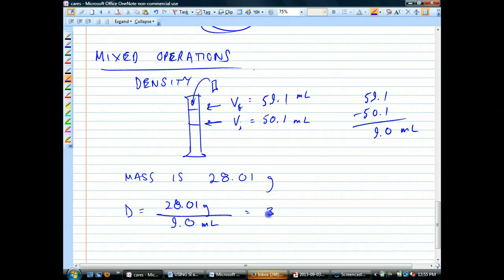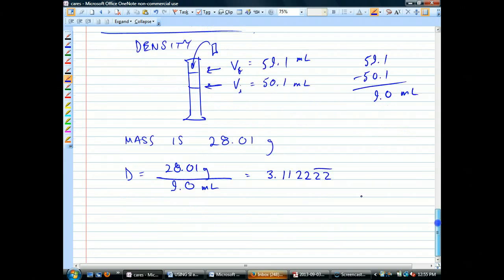And the answer is 3 point, repeating, and that is grams per milliliter, which is the same as grams per cubic centimeter. But I only have 2 sig figs here, so I have to change this.